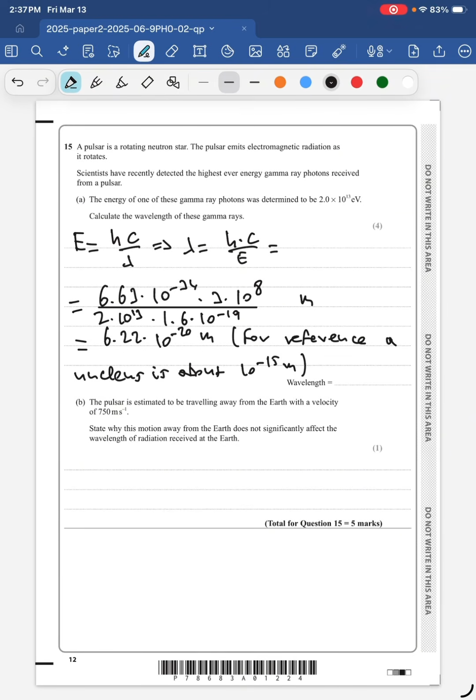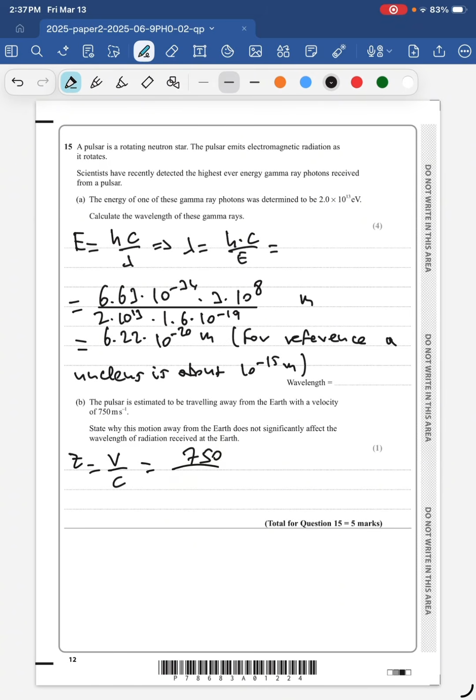All right, the pulsar is estimated to be traveling away from the Earth with a velocity of 750 meters per second. State why this motion away from the Earth does not significantly affect the wavelength of radiation received at the Earth. Okay, so we can calculate the Doppler factor. Z is V over C, right?